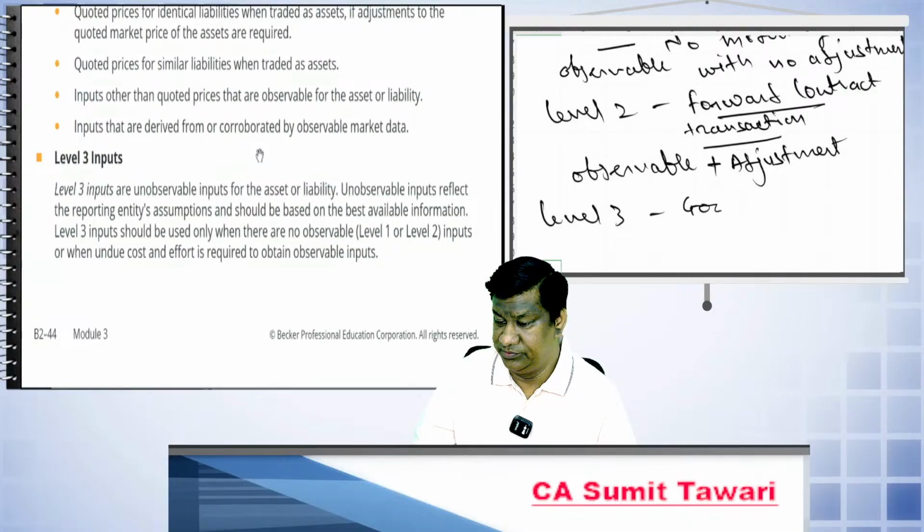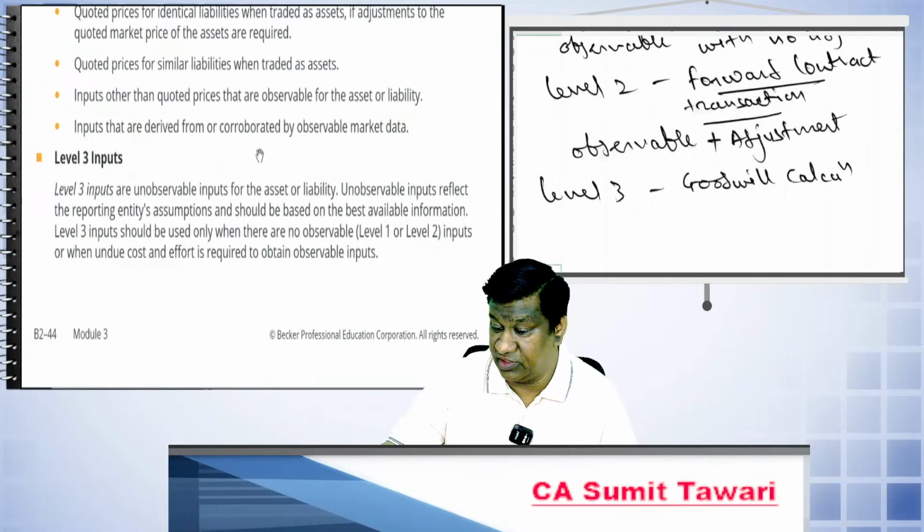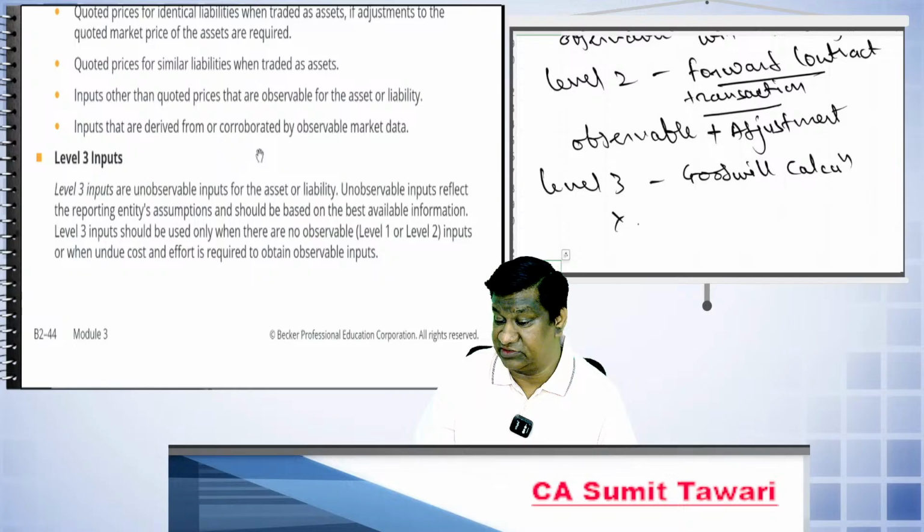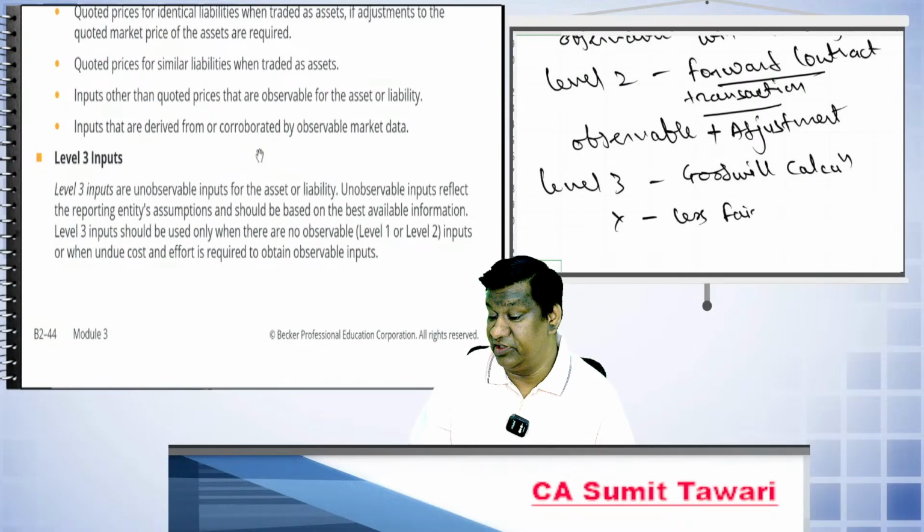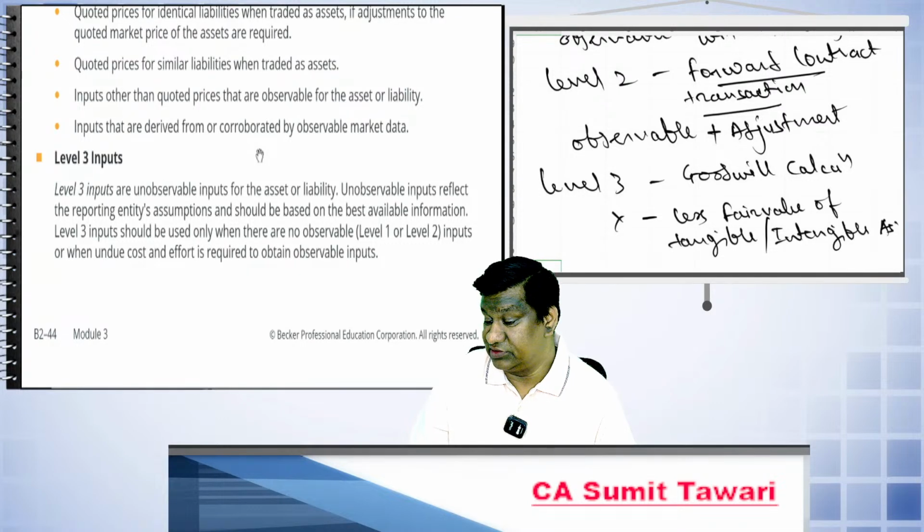Goodwill calculation. Okay, how are we doing the goodwill calculation? If we are paying some amount, X amount, which is more than the fair value of all tangible and intangible assets, the difference, say Y, is my goodwill.